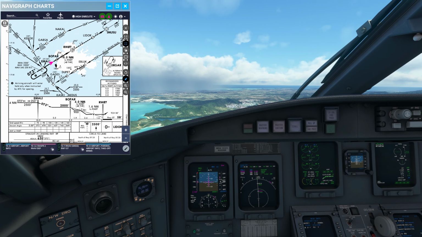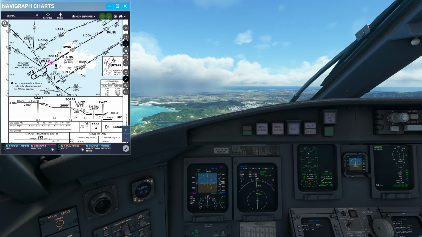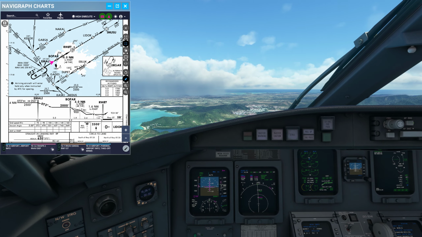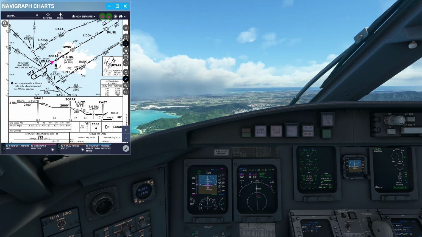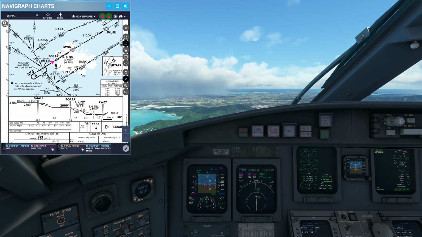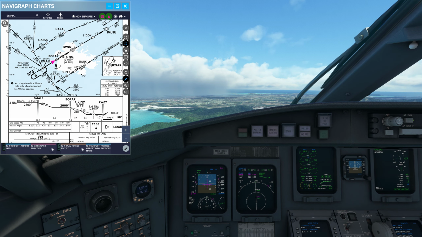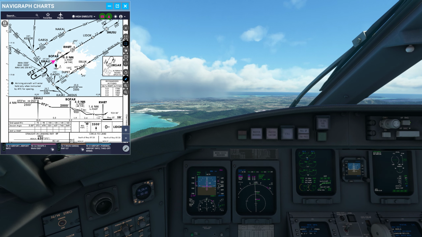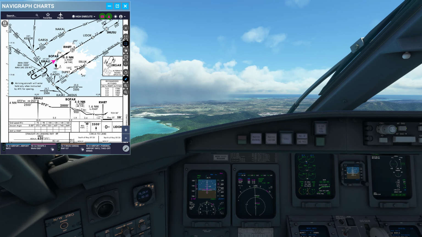Keep a real good eye on that speed. I do not want to start getting slow. Ground speed is 120. So we're looking at 600 feet a minute descent. We need some power here.